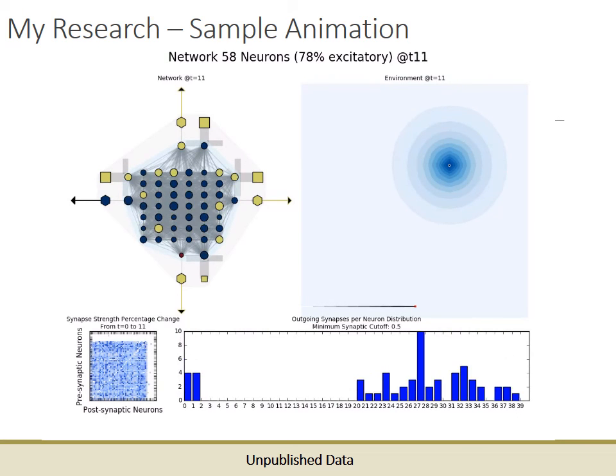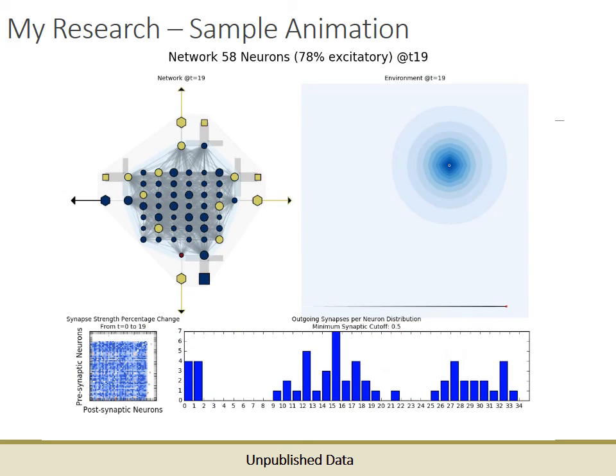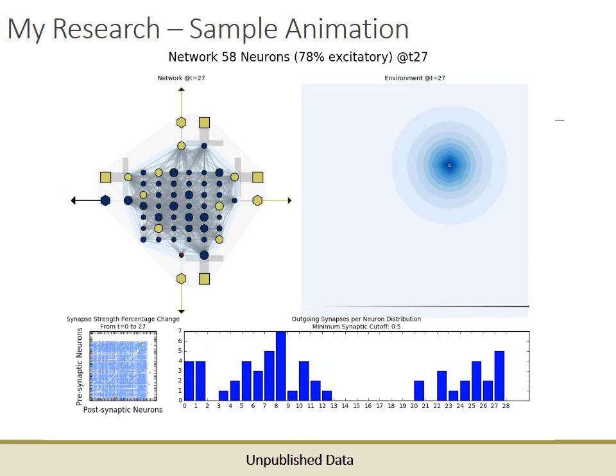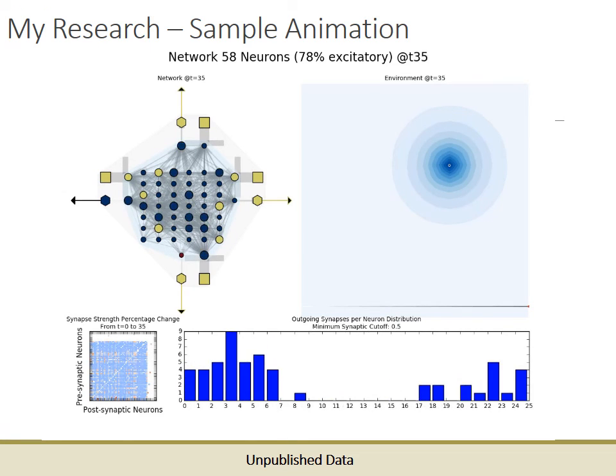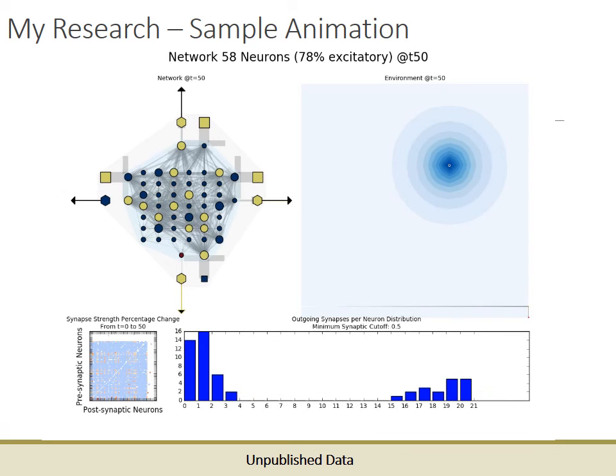So the animation goes, and you can see that as time progresses, neurons are losing their synaptic connections. Most of them actually only have 2 to 5, and then there's a handful that continue to have on the order of 10 to 20. And that's reflected in this connectivity matrix on the lower right.